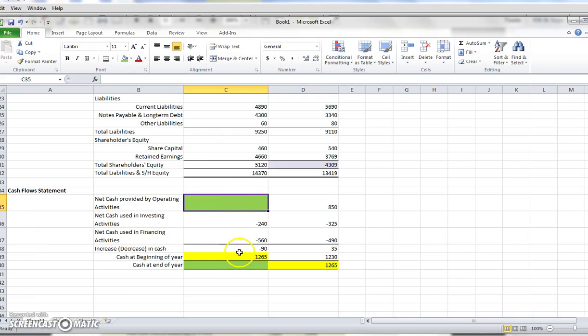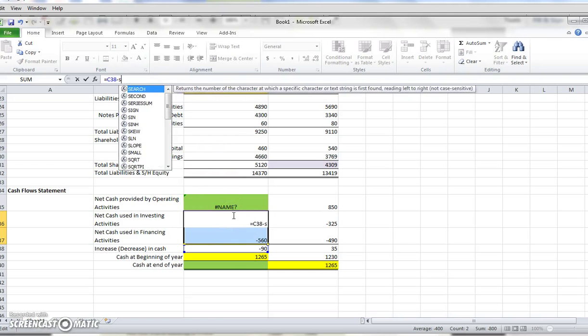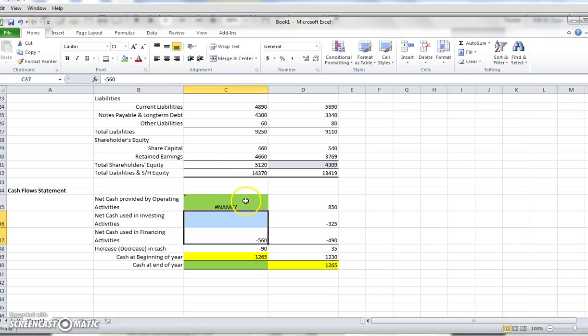Okay, this is going to be easy. So what is the amount? C38 minus the sum of these two put together. Let's try that.